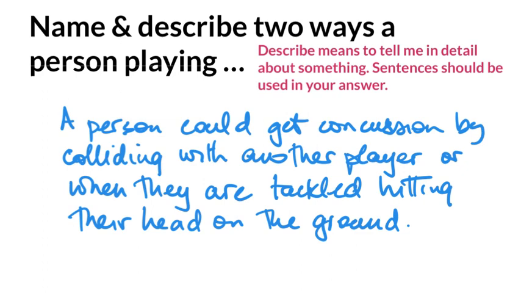The two ways I've named are colliding with other players and getting tackled and hitting their head on the ground. Okay? So you've described little bits of actions that could happen to cause that in this case. Is that okay? I hope so. If we have problems with these, I really need you to come and see me, or see your teacher in extended learning.